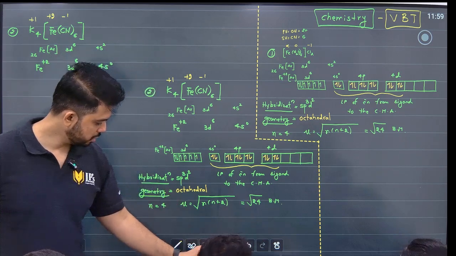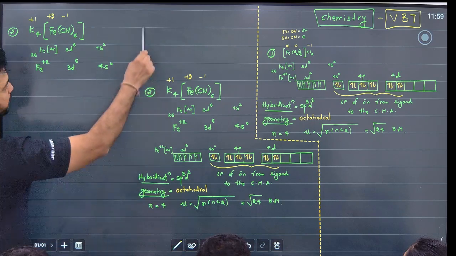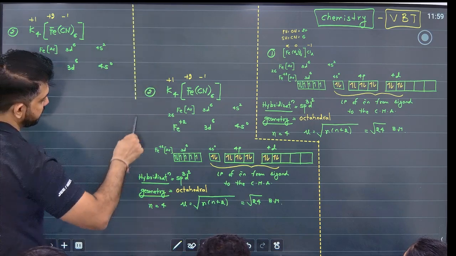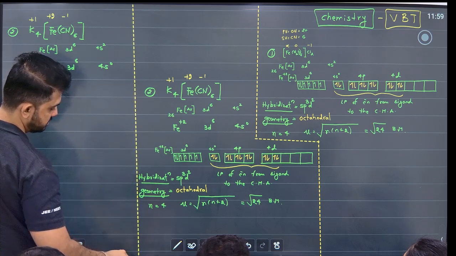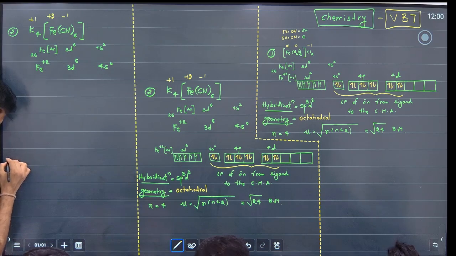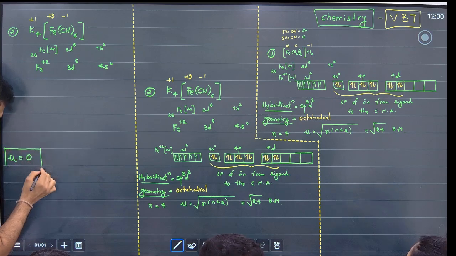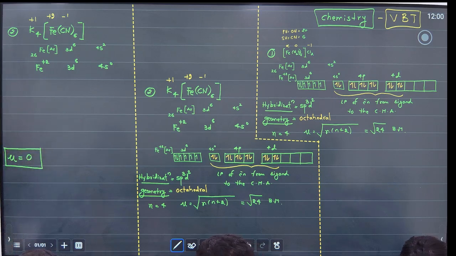However, what was observed in the case of potassium ferrocyanide is that the magnetic moment experimentally determined is 0. What are we getting theoretically?